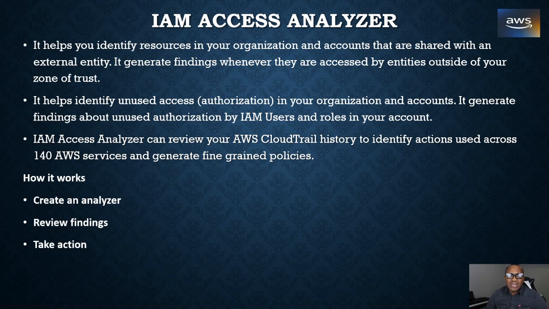It can be an entity in your AWS organization. It can be an entity you have stated in an IAM role, and so on and so forth. Anyone outside of the entities that are familiar to your AWS account or AWS organization will trigger a finding. And you can work on this finding and make sure that your account is secured.